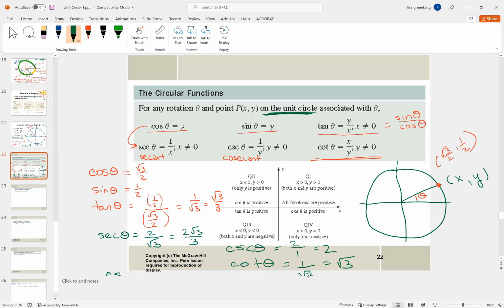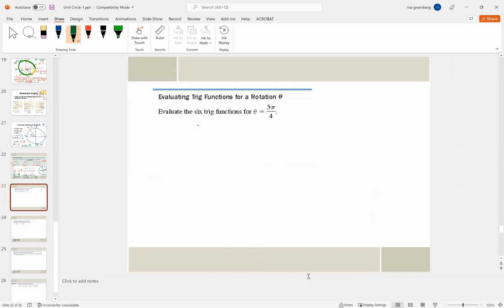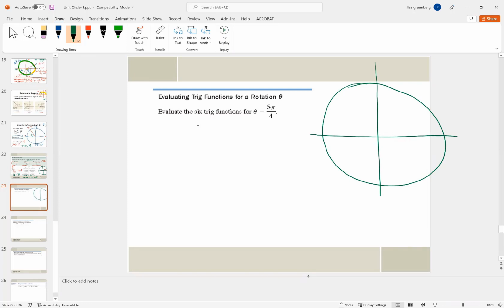Those words actually just refer to those points, which is why, of course, those points are very important. Let's say I'm looking at theta equals 5 pi over 4. The first thing I have to do is figure out what quadrant I'm in. First thing I do is change that to a mixed number.